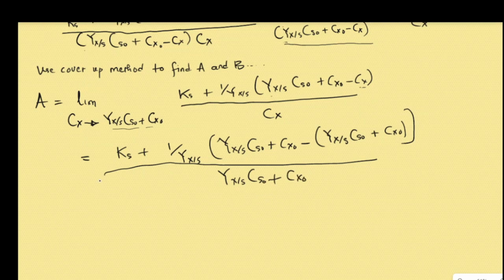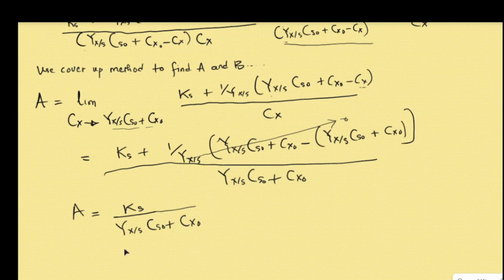So you can discover that this bracket is cancelling out, so we're just left with k s over y x of s c s naught plus c x naught, as the value of our a.